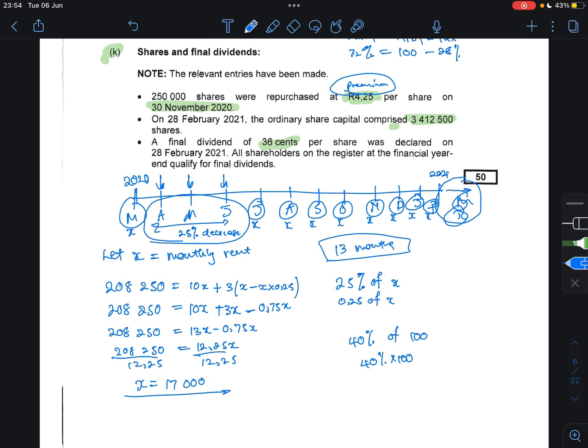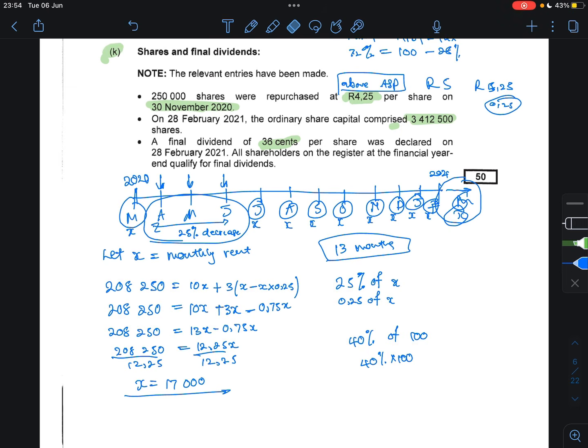The premium is the amount that you receive or you pay that is above your average share price when you repurchase your shares. Okay, let's say your average share price is 5 rands and you repurchase shares at 5 rand 25. This simply means you have paid 25 cents extra, and I would say this 25 cents is your premium.